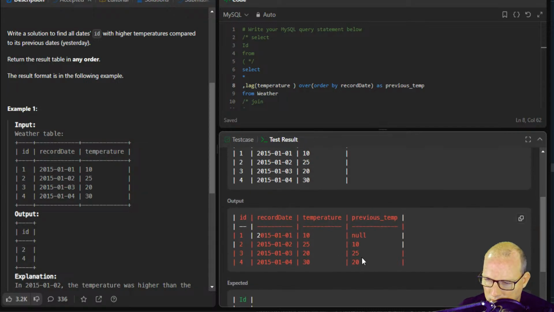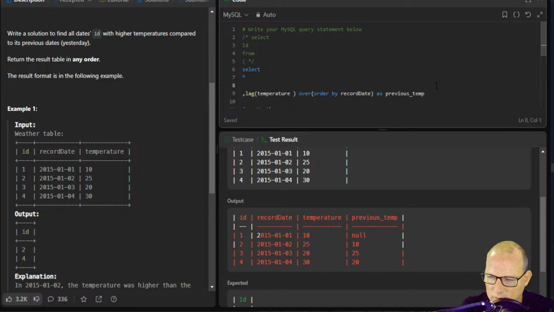This is why I've got to practice this. Actually I want this up here. We are going to have to do a subquery, I think, or it'd be some unbelievably long query. Record date. There we go.